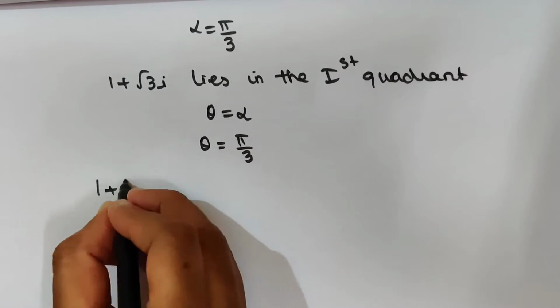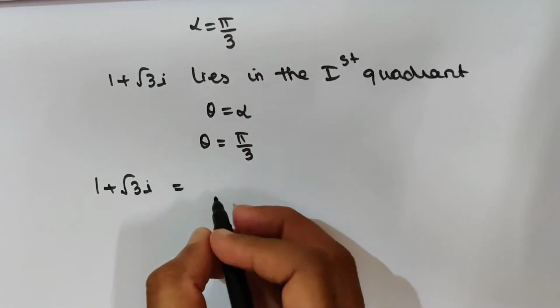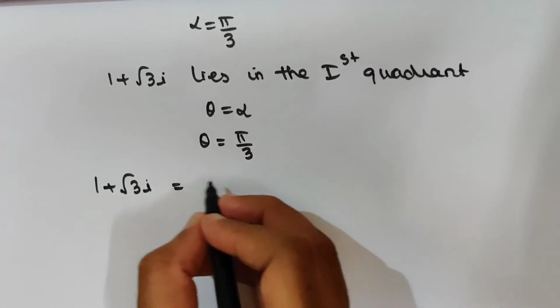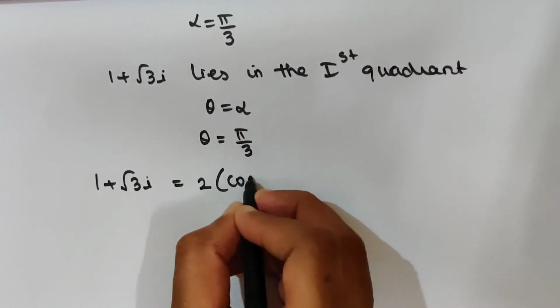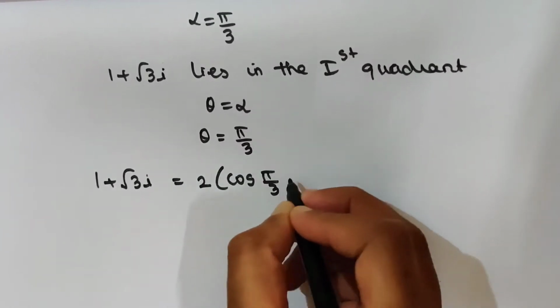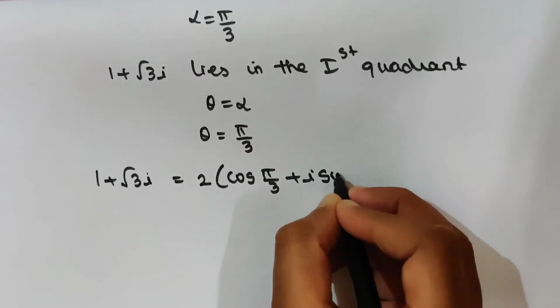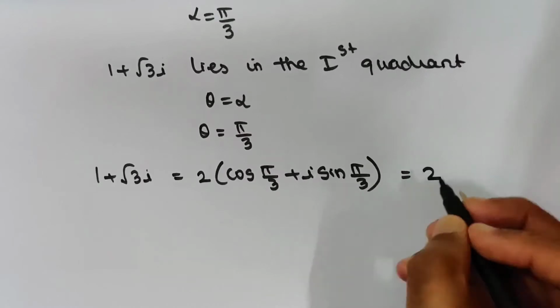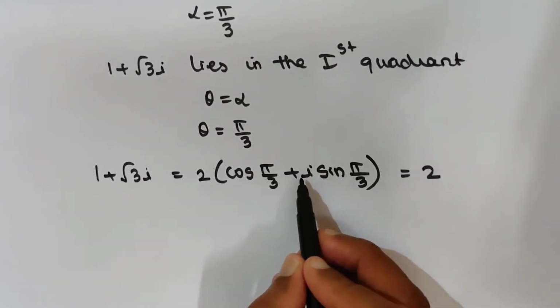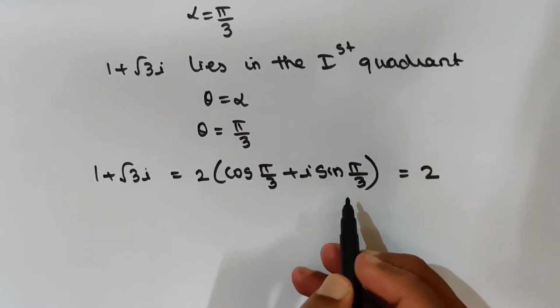So 1 plus root 3i is equal to r into cos theta plus i sin theta. So r is 2 and theta is pi by 3: cos pi by 3 plus i sin pi by 3. Again I can write this cos pi by 3 plus i sin pi by 3 in Euler's form.